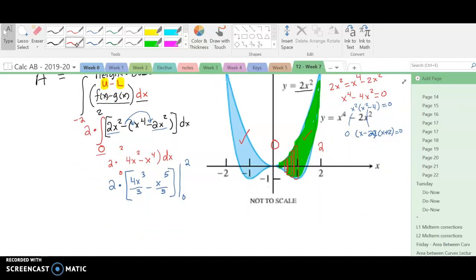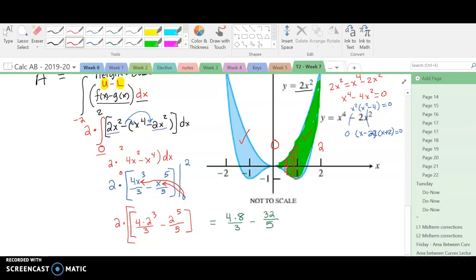So now as I keep going, we really have 2 times 4 times 2 cubed over 3 minus 2 to the 5th over 5. But the nice thing is minus 0, because when I plug zeros in for all these x's, I have nothing. And so that oftentimes helps, because I don't really have to evaluate the second half of this integral.